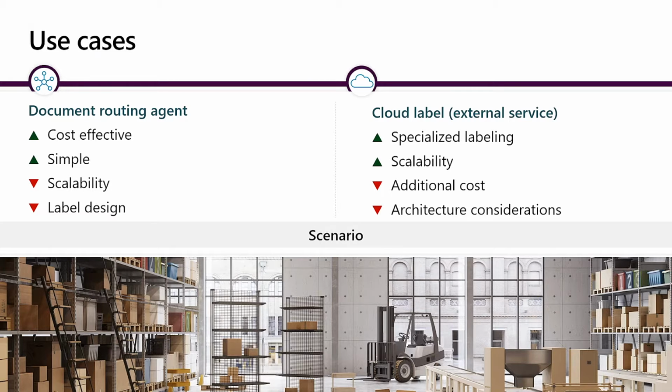The downfall here is that the service comes at an additional cost through the service provider, not through Microsoft, and also introduces some architectural considerations that should be taken into account by the project team during implementation. For example, making sure it's included in integration, planning, testing, etc.